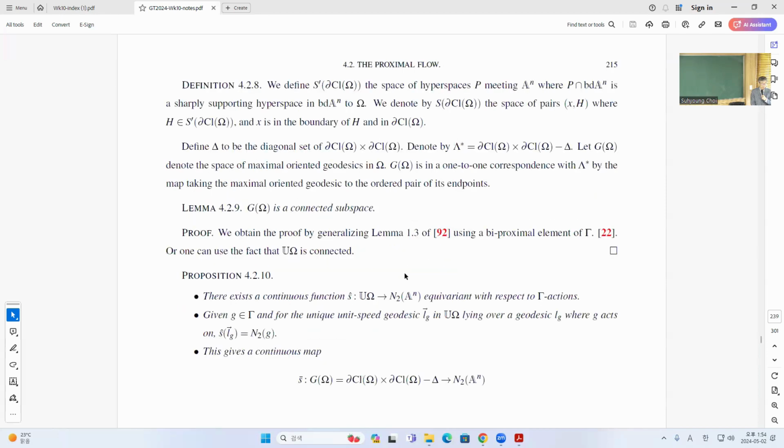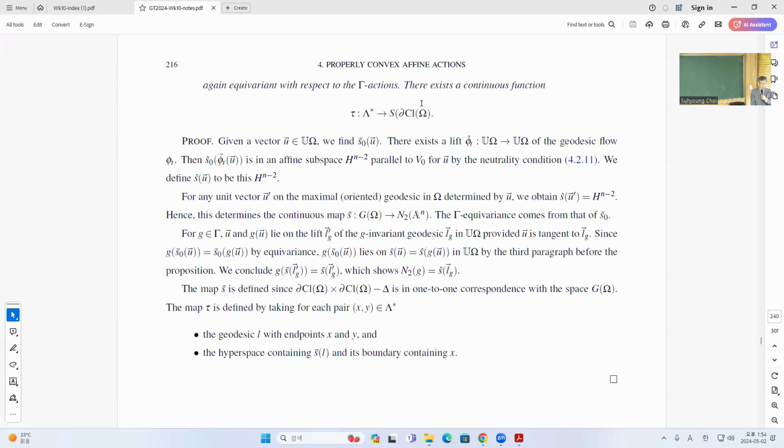For this lambda star, you can define this map: you just take the initial point and the codimension 2 subspace, you define the join of these two spaces, and then you get a hyperplane.